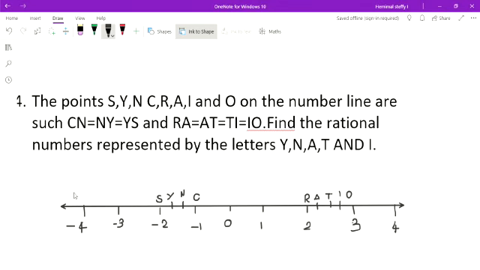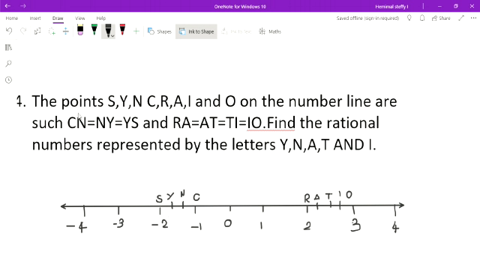The points S, Y, N, C, R, A, T, I and O on the number line are such that CN equal to NY and equal to YS. That means where are the CN, NY and YS in this place? All the parts between the two points have the same distance and same measurement.